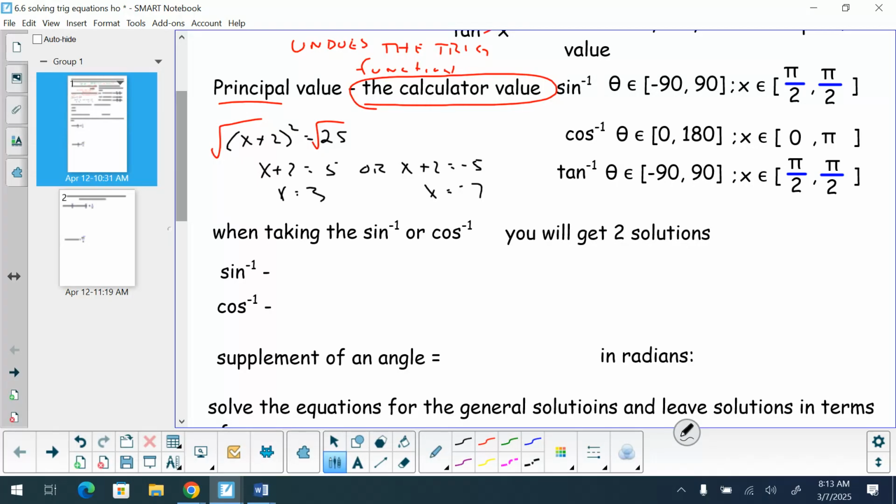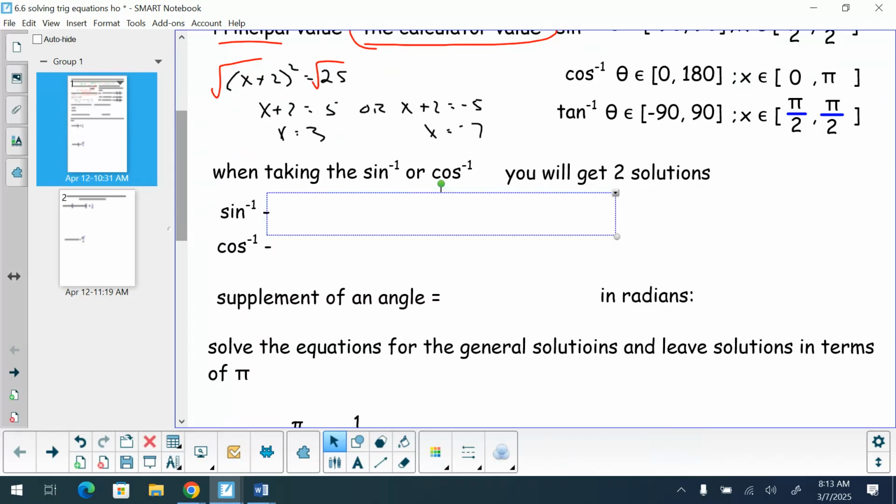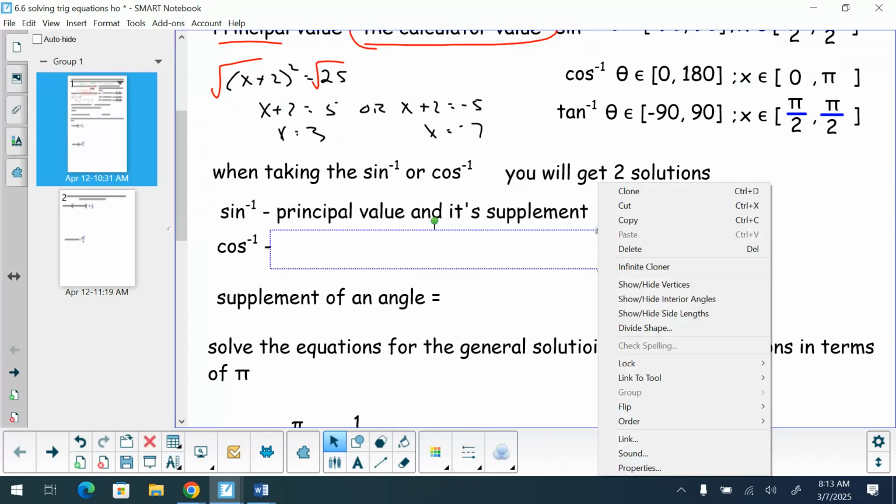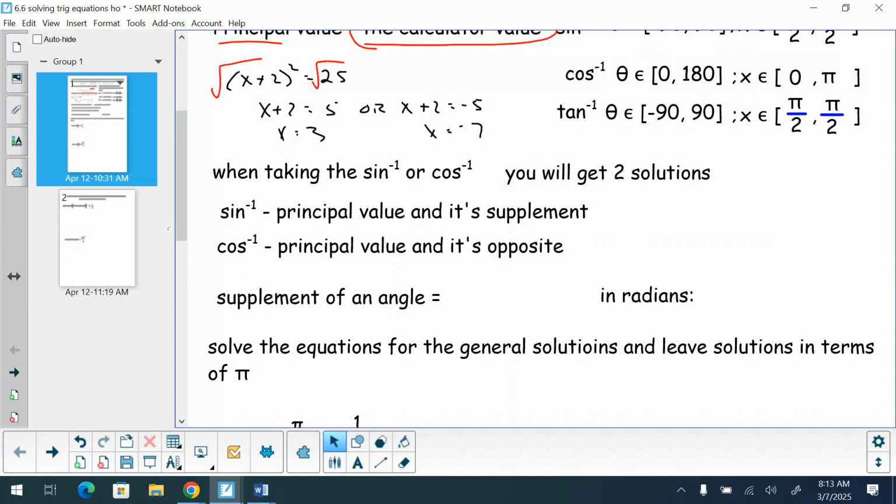Well, when we're dealing with inverse sine and inverse cosine, we also have to deal with two solutions. This is, once again, a review of what we did in trig class. When you take the inverse sine, you have your principal value, which is your calculator value, and its supplement. Sine goes with supplement. When you take the inverse cosine, we got two solutions.